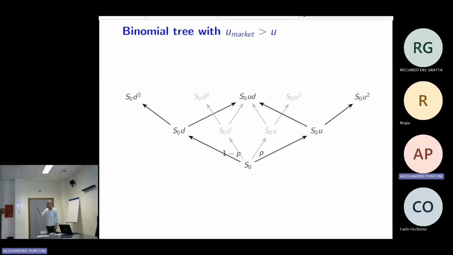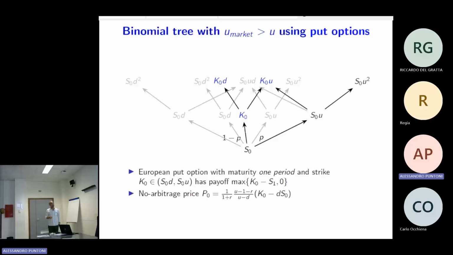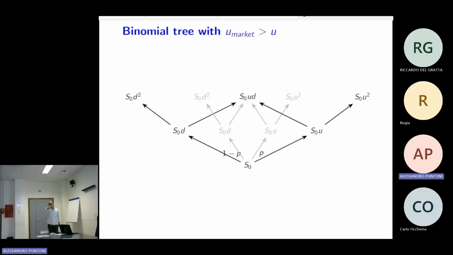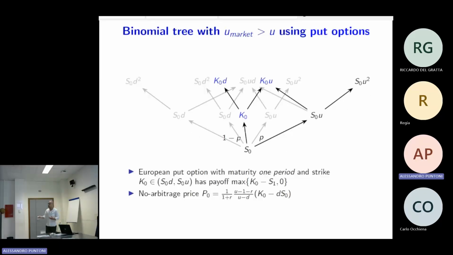Now, what is the other ingredient that we put in this problem? It is that instead of using just the Kelly solution, the Kelly investing in the binomial tree, we now also put in an option. What is an option?